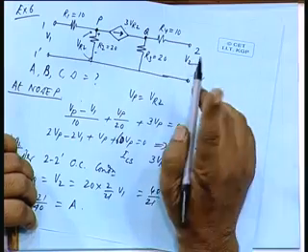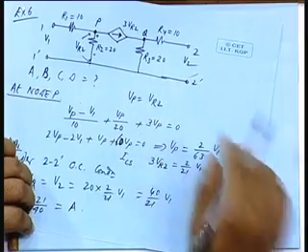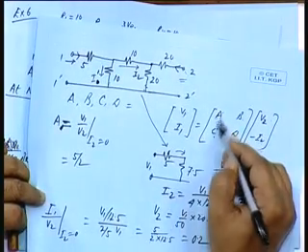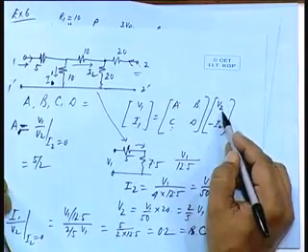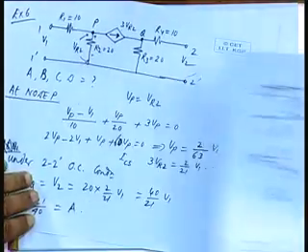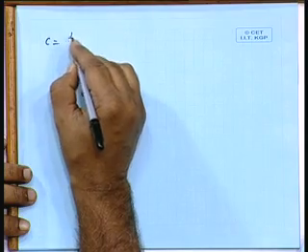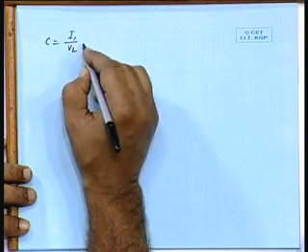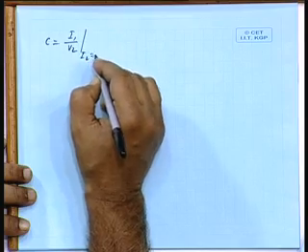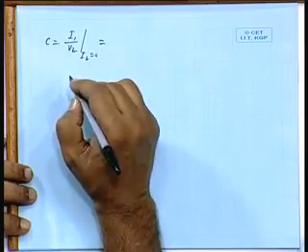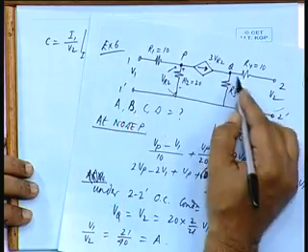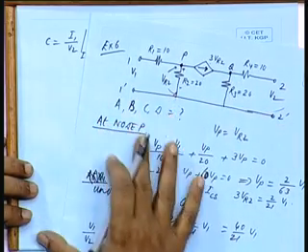A is this voltage by this voltage under open circuit condition. Under open circuit condition, what are the measurements that you make? A and C, is it not? A and C will be under open circuit condition, I2 equal to 0. So, how much is C? C is I1 by V2 when I2 is 0.